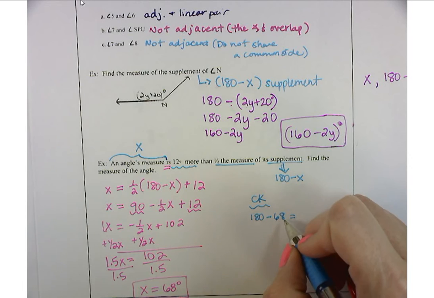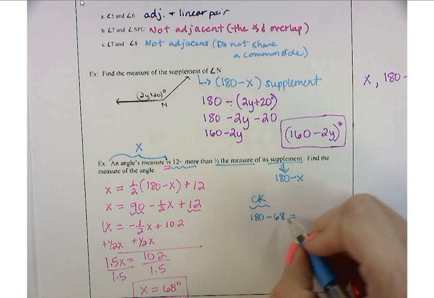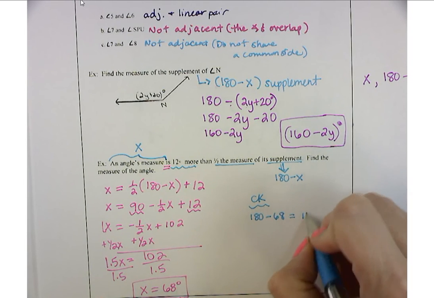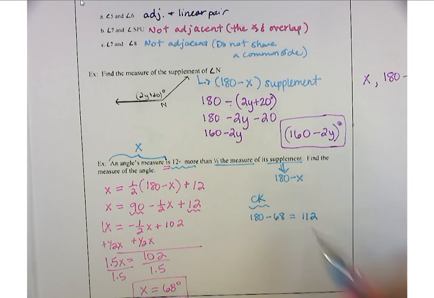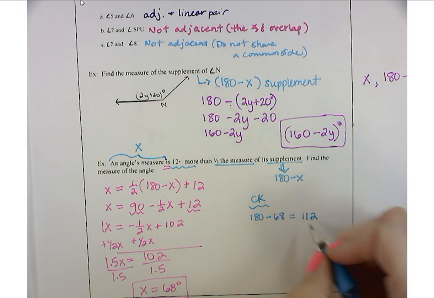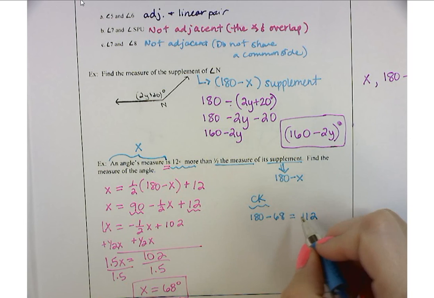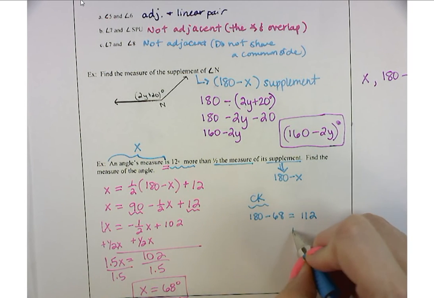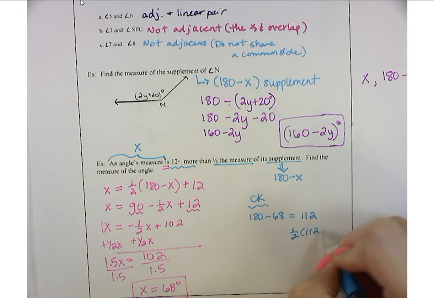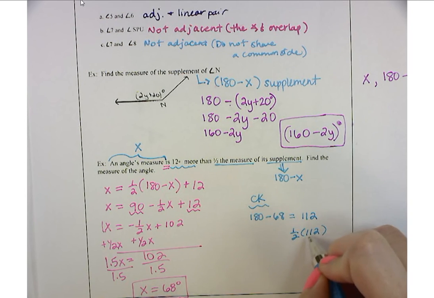So 2 and 110 is 112. Okay, so this is going to be the supplement. So it's 12 more than half of that. So if I do half of 112, half of 100 is 50, half of 12 is 6. So that would be 56. And then if I do 12 more, that would be 68.